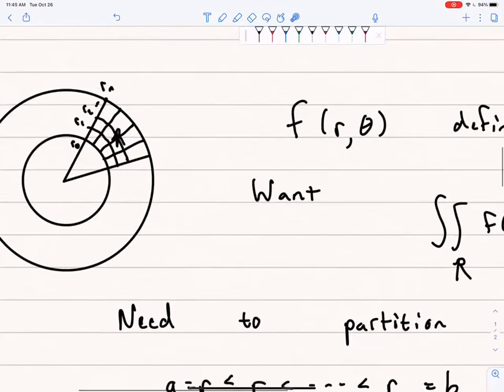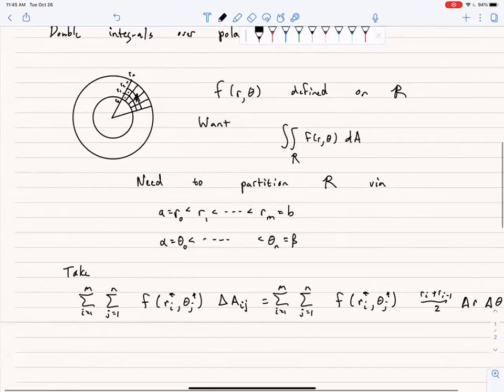So that point sits right in between these two. So we can choose our sample points so that the r coordinate is precisely that number. The theta can vary, but let's choose the r coordinate of our sample points to be the average. So we'll write that down.